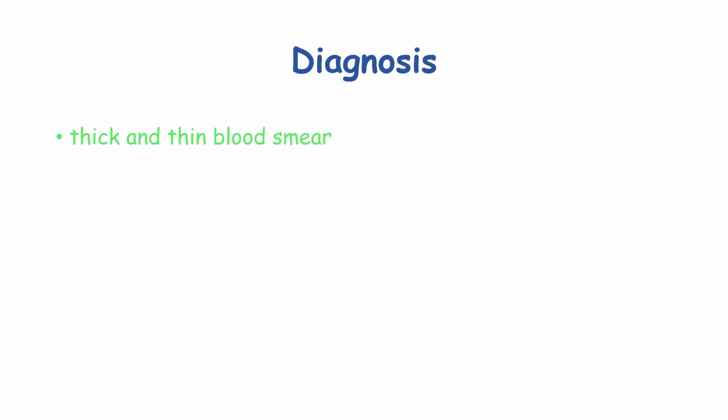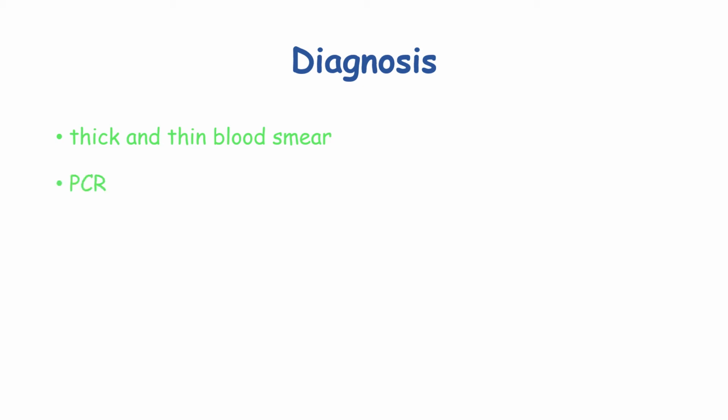Diagnosis of malaria is made based on the physical examination, symptoms, and blood test. Thick and thin blood smear test remains the gold standard for laboratory confirmation of malaria. The thick film detects the parasites and the thin film determines the malarial species and the percentage of red blood cells infected.